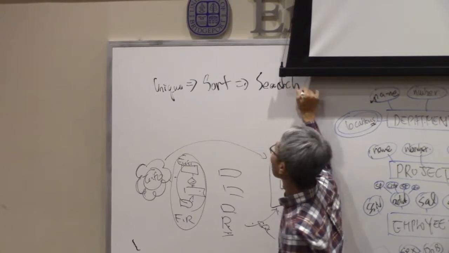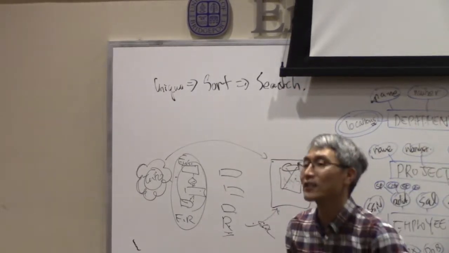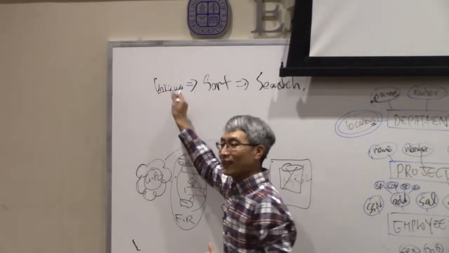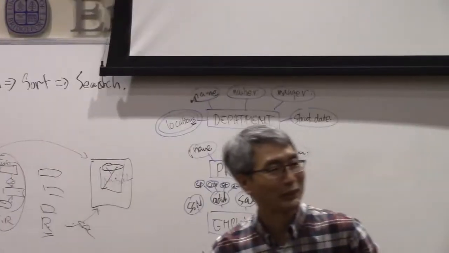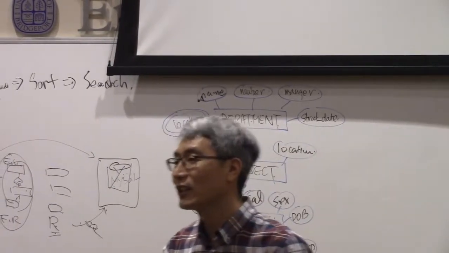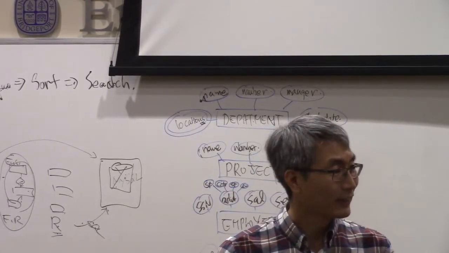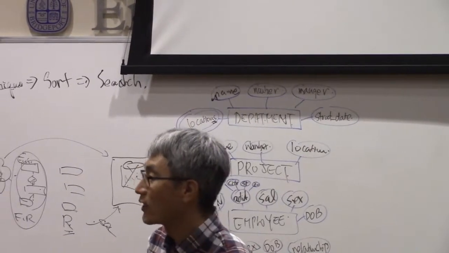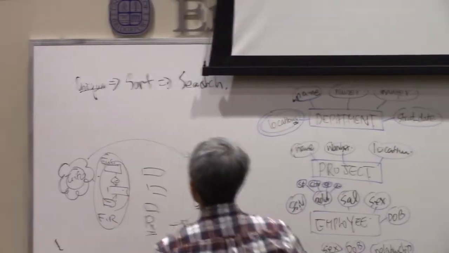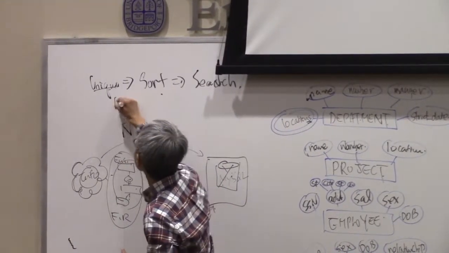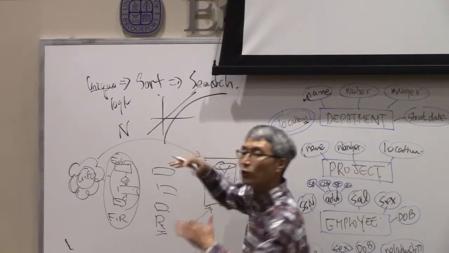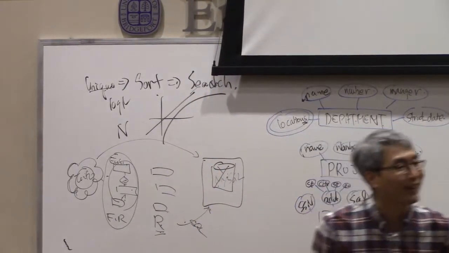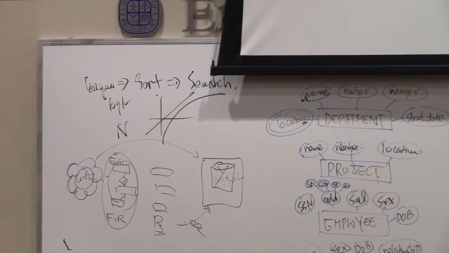If your data is sorted and unique, you can use what? Binary search. For example, a very simple binary search is log n, right? Otherwise linear search has complexity n, but this one is log n. The difference is huge. So we can save time by sorting the data.